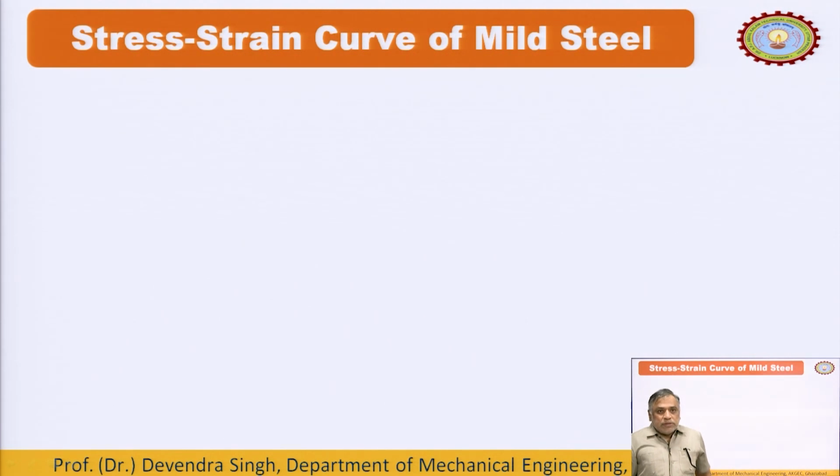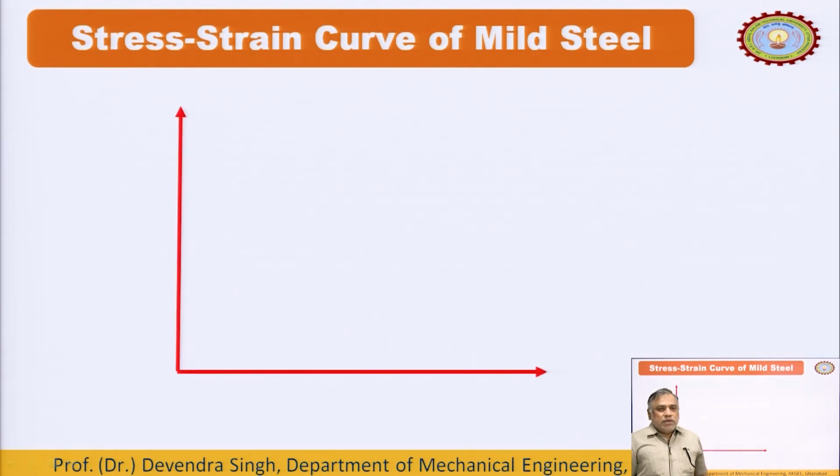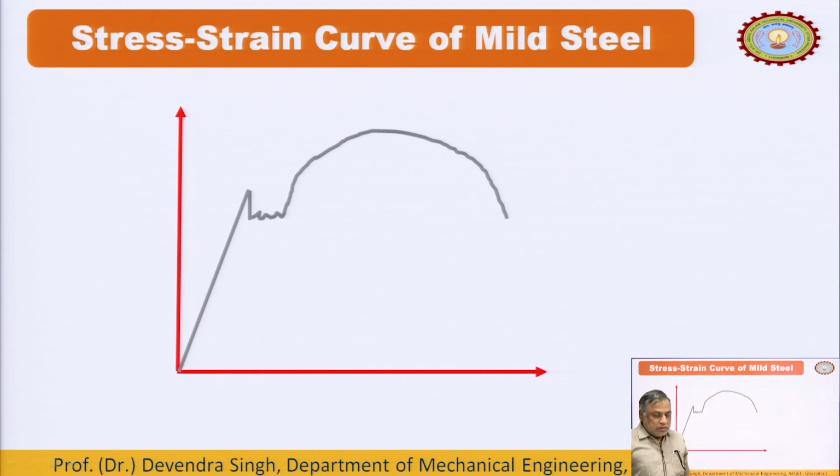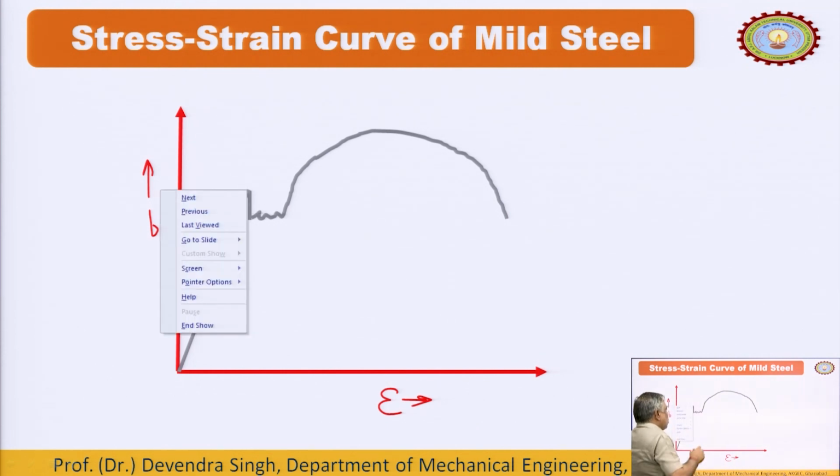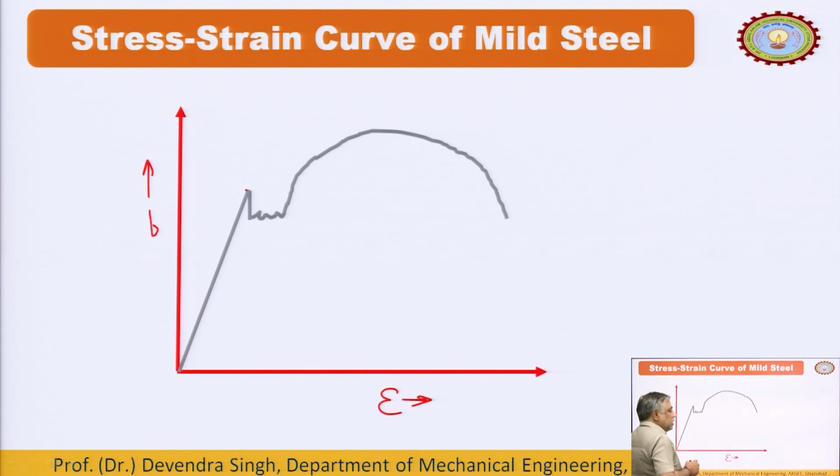So, what is the simple stress strain diagram for mild steel? This is the specific stress strain diagram for mild steel. Here sigma is the stress, and this is the strain. This is a single point in the case of mild steel where 3 points coincide: the elastic proportionality limit, the elastic limit and the upper yield point.